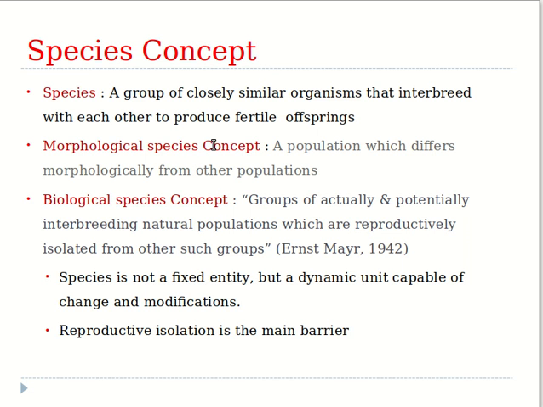Morphological species concept is otherwise known as phenetic species concept, and it is based entirely on the morphological characters. As the name suggests, it is about the morphological characters, and according to this, species is a population or group of individuals in a population which differ morphologically from other such populations.